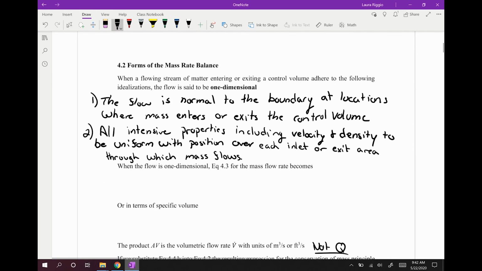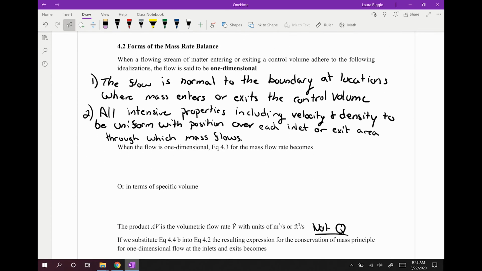So we're going to look at some forms of the mass rate balance. When a flowing stream of matter enters or exits a control volume, it has to adhere to a few idealizations, and then we can call our flow one-dimensional. The first idealization is the flow is normal to the boundary at locations where mass enters or exits the control volume, so we don't have mass entering or exiting at an angle.